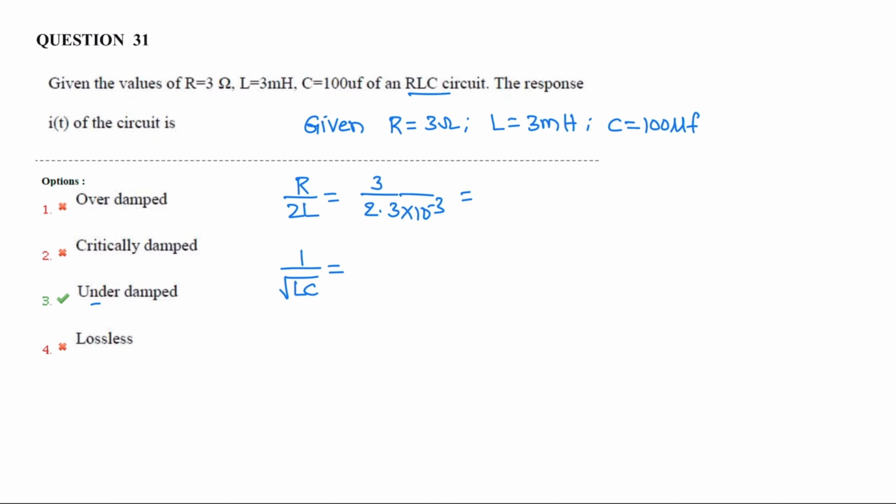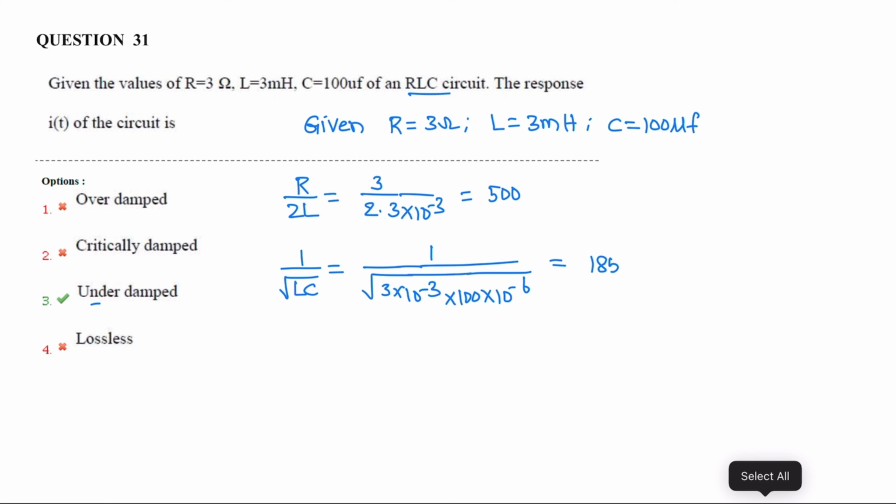So R by 2L is 500, its value is 500. 1 by root LC, 1 by square root of inductance 3 millihenry, 3 into 10 power minus 3, capacitance 100 micro, 10 power minus 6, its value is 1825.74.